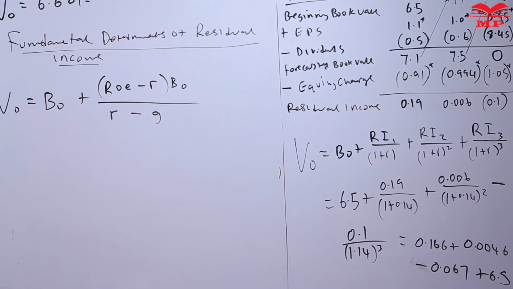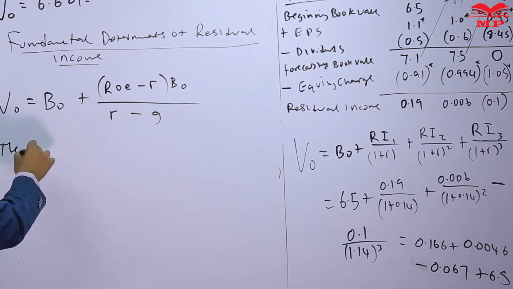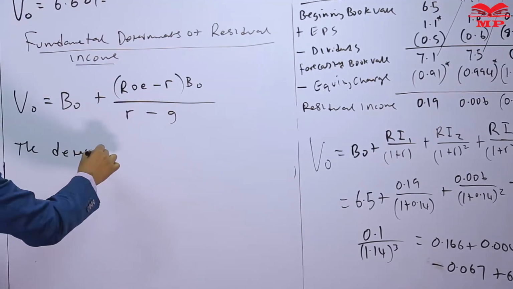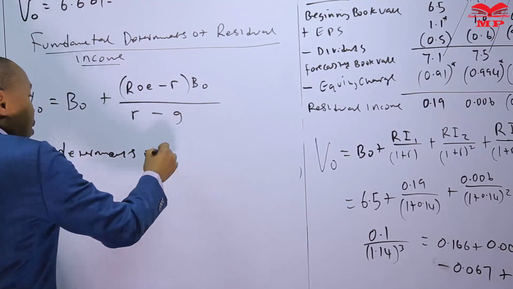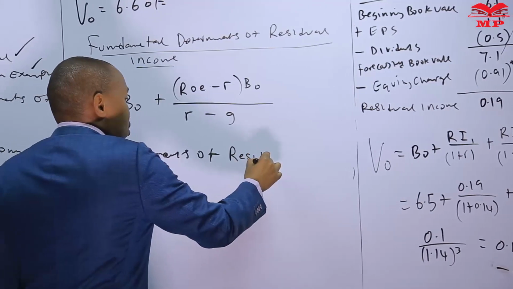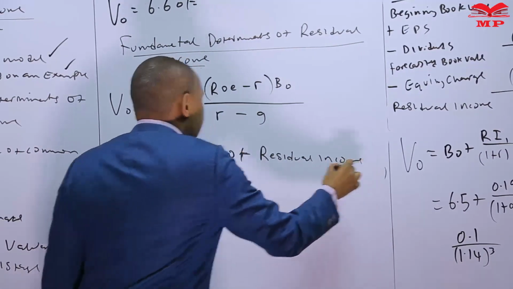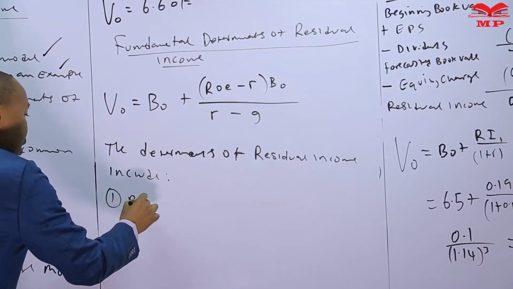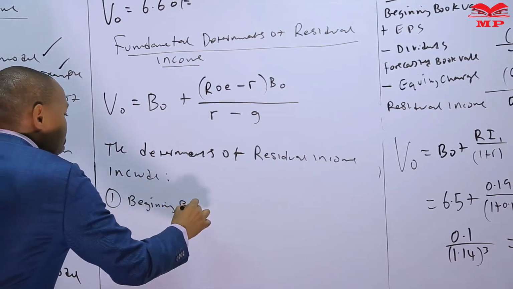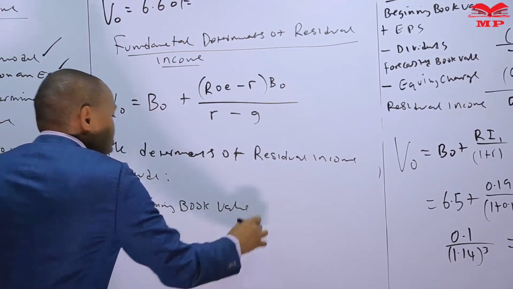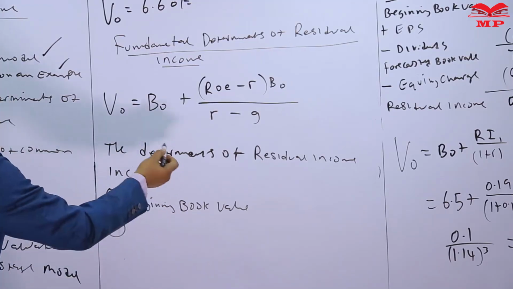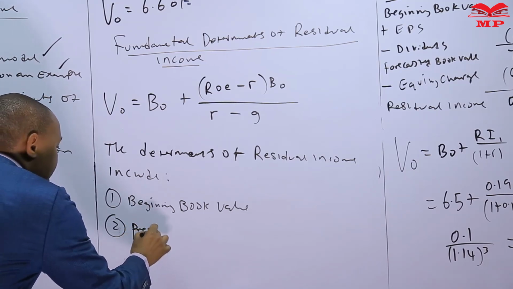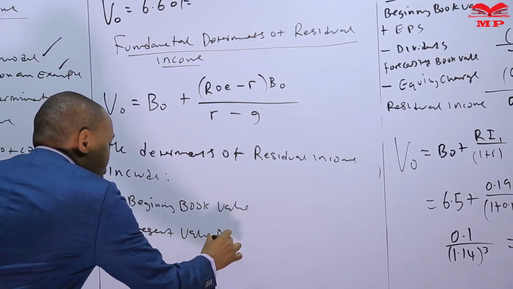So, we can say that the determinants of residual income include, number one, the beginning book value, and then number two, the present value of economic profits.